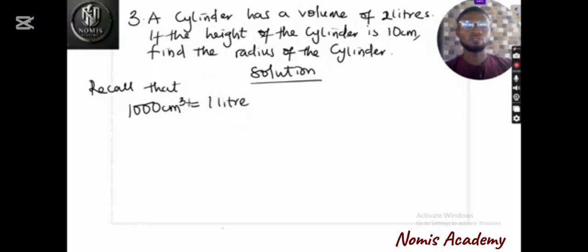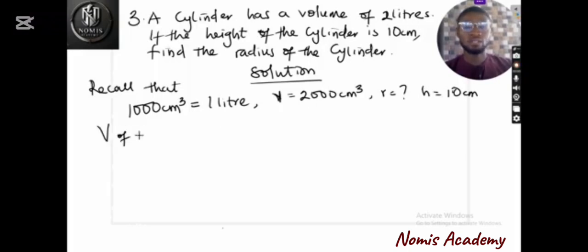So now that we have 2 liters, that means the V of the given question is equal to 2000 centimeter cube. So having known that V is equal to 2000 centimeter cube, our r is unknown, while the height is equal to 10 centimeter. So now that we have similar units for our parameters, we can now calculate the radius of the cylinder.